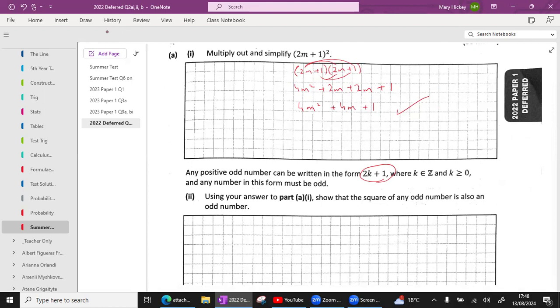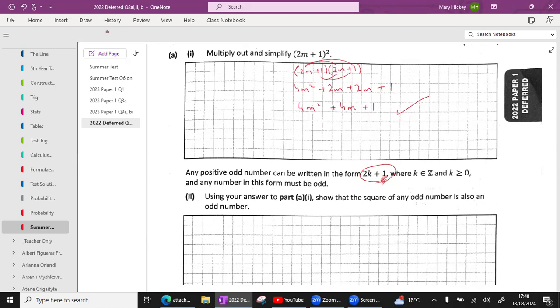So any letter with 2 in front of it means that it's even, because regardless of what k is, if k was 3, you'd have 2 by 3 is 6, even. If k was even, let's say k was 4, 2 by 4 is 8, so it's still even. And then if you have an even number plus 1, well, it's always odd. Why? Because even and odd numbers alternate. It's every second one.